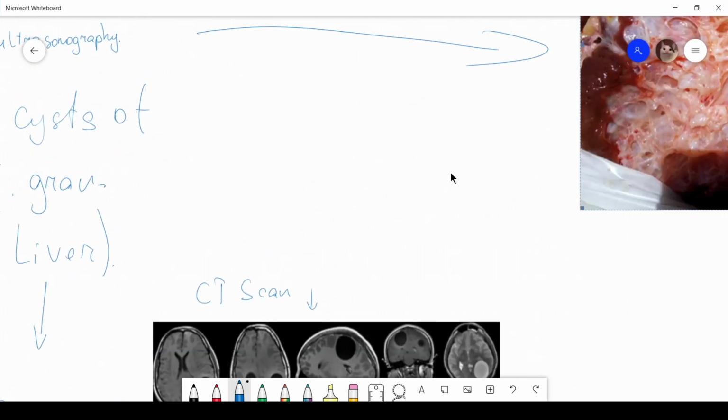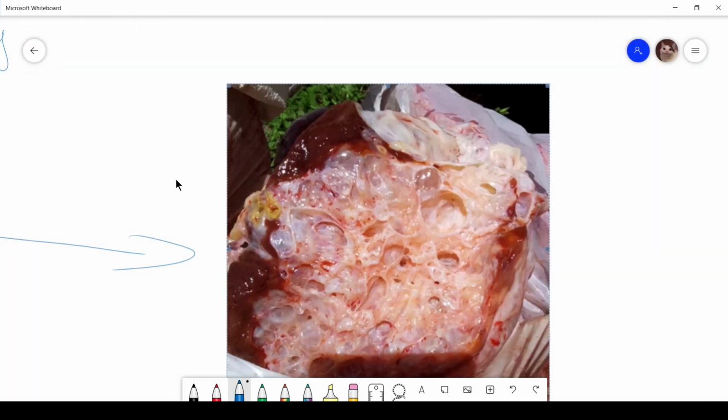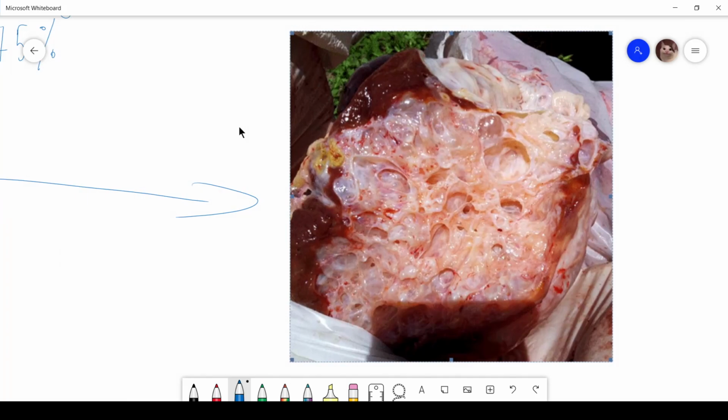It looks like the previous disease, Echinococcus granulosus, but the tissues don't make a normal wall around this cyst, and we must remove this cyst with a large part of the organ.